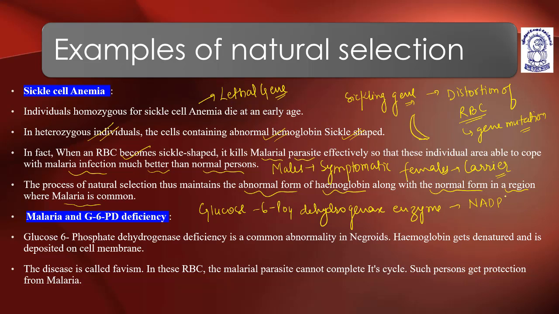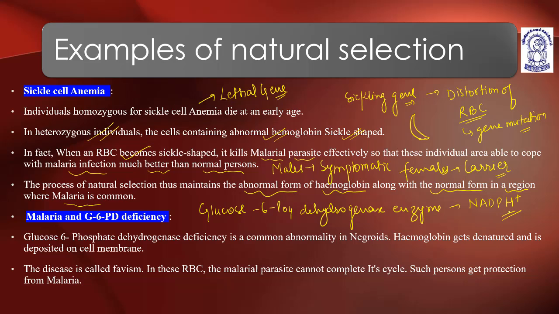Reduced form means it is either accepting the electron or accepting the H plus. So I'll write NADPH. Whenever the dehydrogenase enzyme is involved in any metabolic reaction, this glucose 6-phosphate basically activates the NADPH, reduced nicotinamide adenine dinucleotide phosphate.